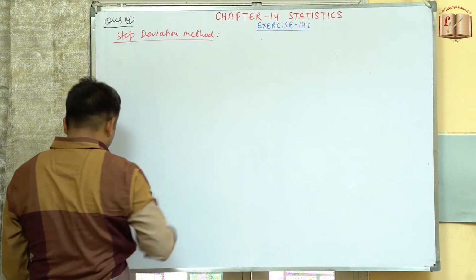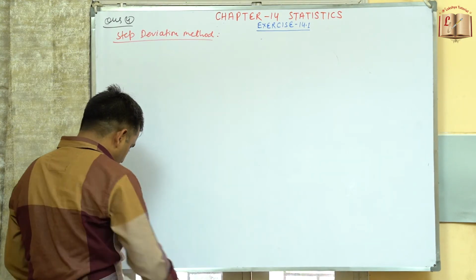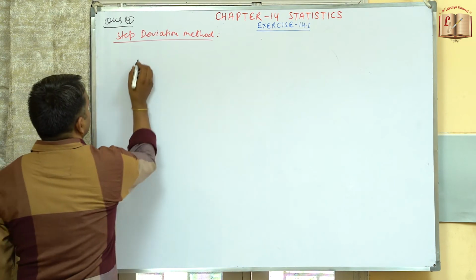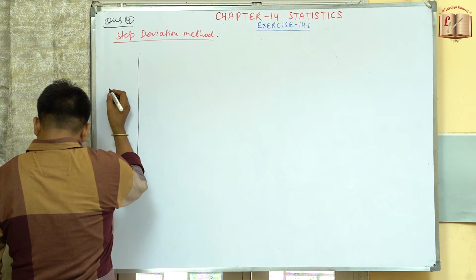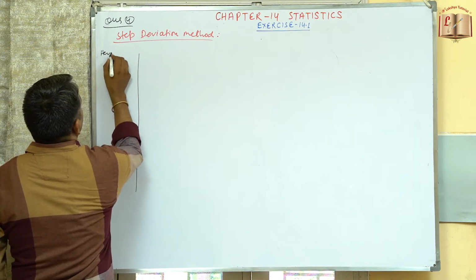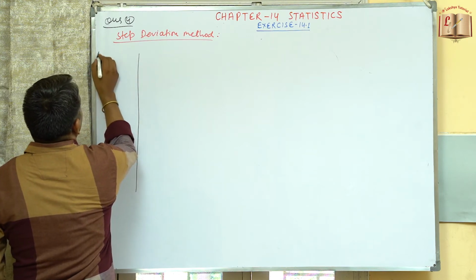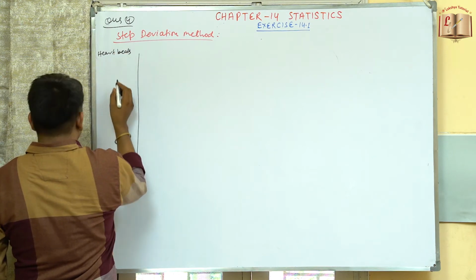So we are following the step deviation method in this. First of all, we will make this table. For here, heartbeats per minute, so we will take up heartbeats.